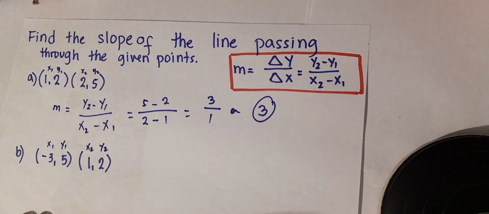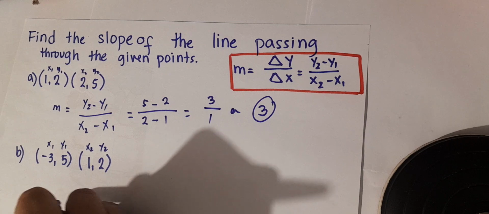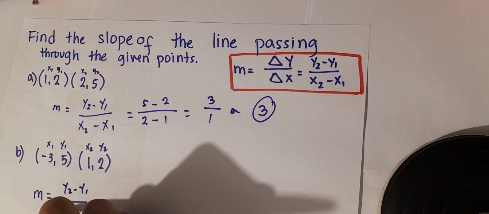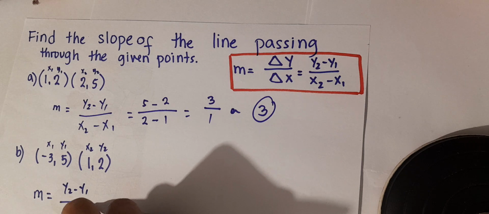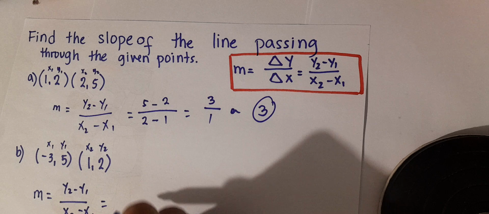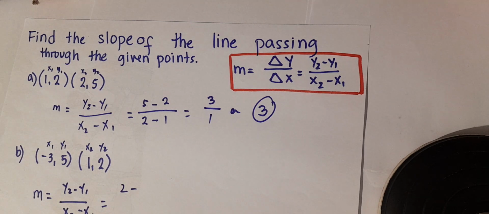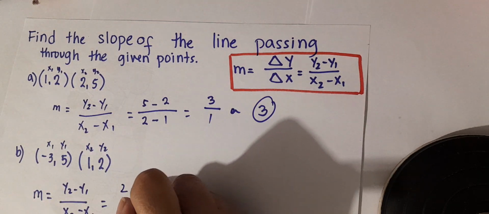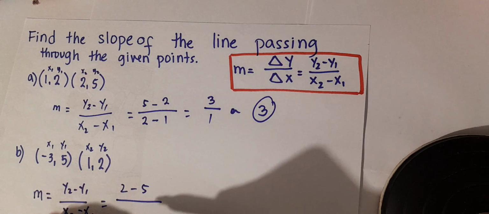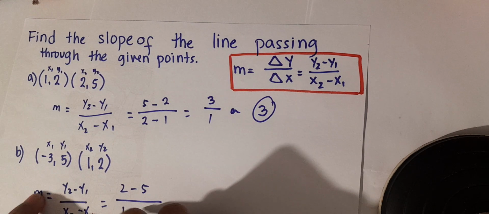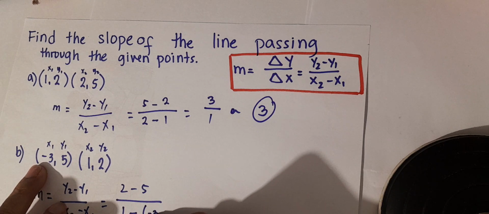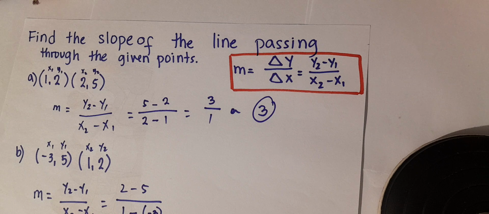So using the formula, slope is equal to y2 minus y1 over x2 minus x1. Substitute, y2 is 2 minus y1 is 5 over x2 is 1 minus x1 is negative 3.